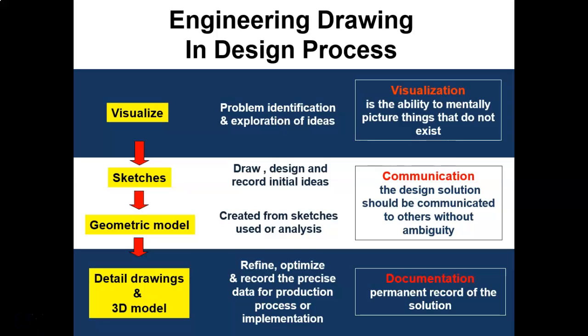And the last step is the detailed drawings and 3D models. The engineer will set up the requirements such as the shape, the dimension, the load, environment, target quantity, cost of production, and also the schedule time to produce the new product.